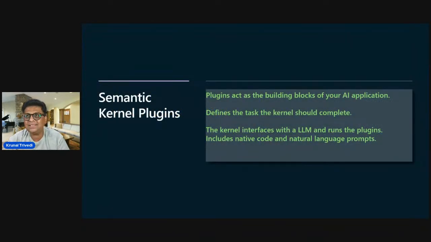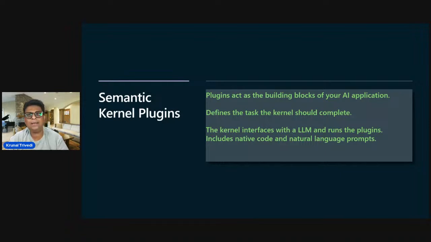So when you use this Semantic Kernel SDK, plugins act as the building block of your AI application. They define the task you are going to complete and allow you to connect to LLMs. Your plugins can include native code and natural language prompts, and allow you to use a Gen AI platform to perform a wide variety of tasks.